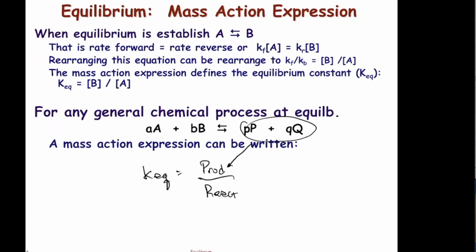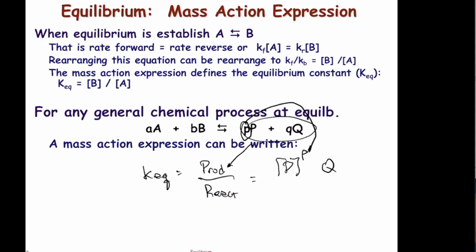It's the ratio of products over reactants, but more specifically, it's the concentration of P, and you guys know how to calculate concentration because we covered that in the last section, molarity, moles per liter, taken to the p power. You raise it to the power of the coefficient.